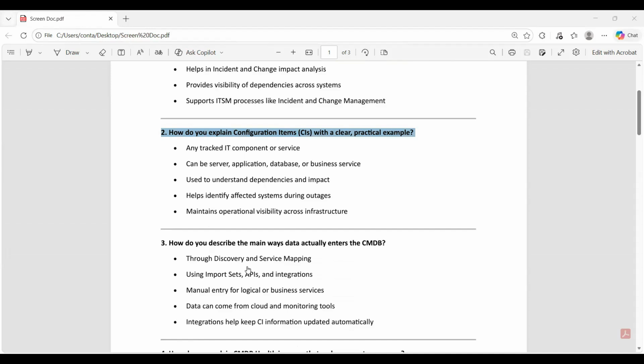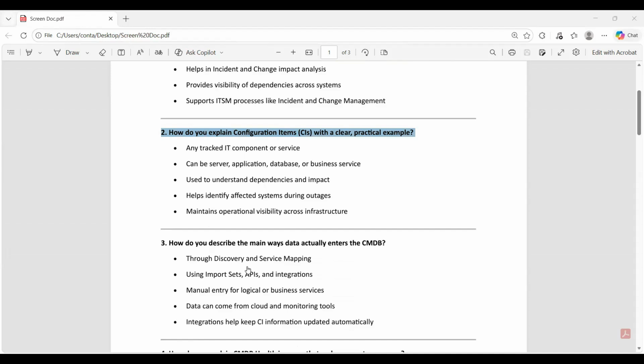Then we go to the types. It can be a physical component like a server or laptop, or a logical component like an application, database, or a business service. Then we should explain with a practical example. Okay, this is also important. So for instance, we had a payment application CI connected to 2 Linux CIs and 1 database CI.